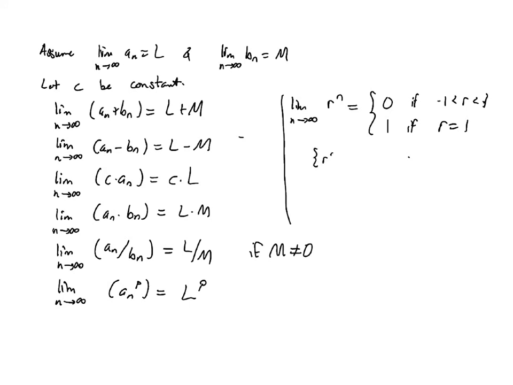So the sequence r to the n diverges whenever r is less than or equal to -1 or r is strictly greater than 1. Okay, so these are the limit laws that we have for combining limits together and the basic features of the limits of powers. You can see more examples of this in the text in examples 4 through 7.